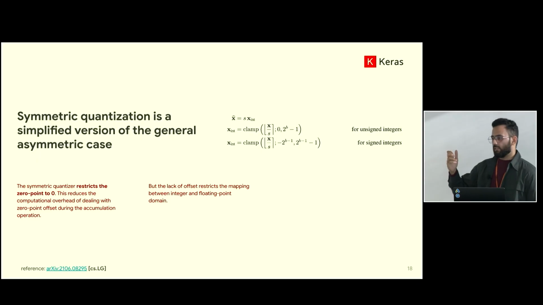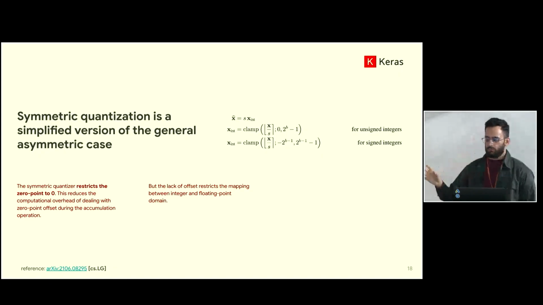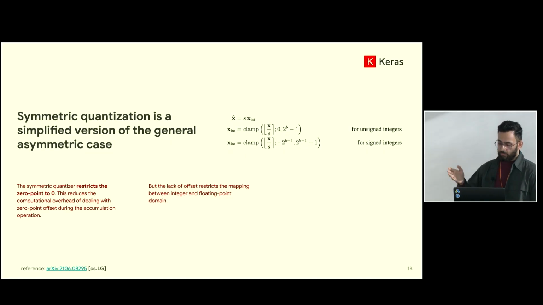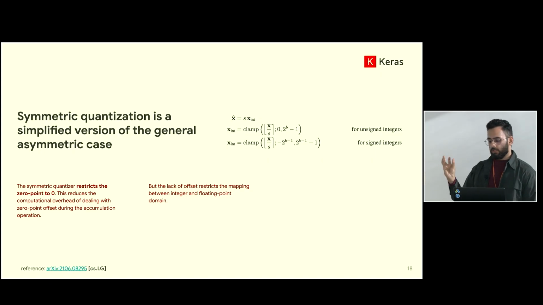And to simplify things and to make certain computations even more efficient, we can just say that the zero point is equal to 0. We map the 0 in the real or floating point range to the integer 0 in the integer range, and we get a much more simplified equation. To convert from floating point values to integer values, we just divide our real value by the scaling factor and clip the values to the representable range.